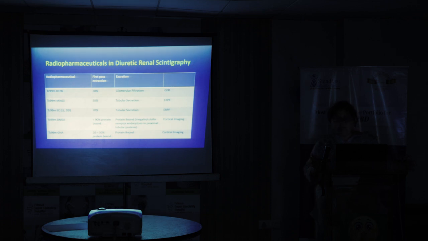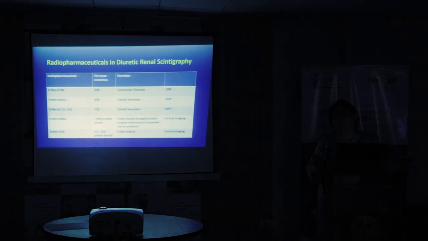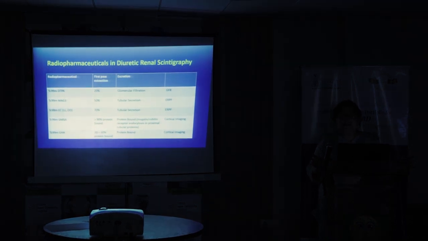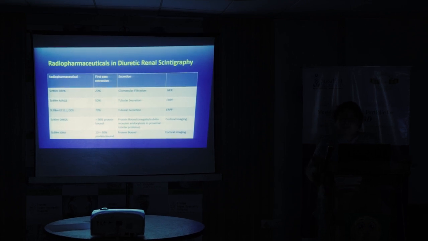MAG3, on the other hand, is something which is used more often in the United States, and that is excreted by tubular secretion. We have an Indian analog of MAG3 called EC, and especially in children, we use a lot of EC. EC is also secreted by tubular secretion. Then we have two agents called DMSA and GHA.